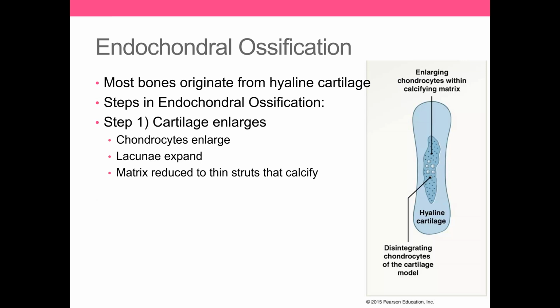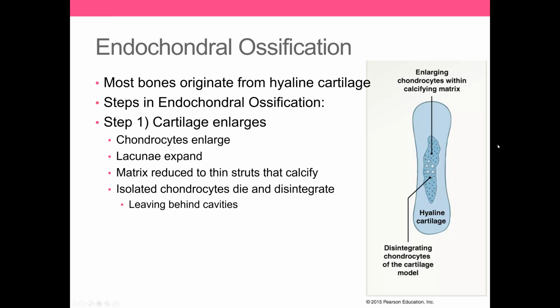Remember, hyaline cartilage already has the collagen fibers. It just doesn't yet have the calcium salts. So once the calcification process starts, the chondrocytes become isolated. They can't get nutrients and get rid of their waste. So they start dying, and then they start disintegrating, and this is going to leave behind cavities within this hyaline cartilage model.